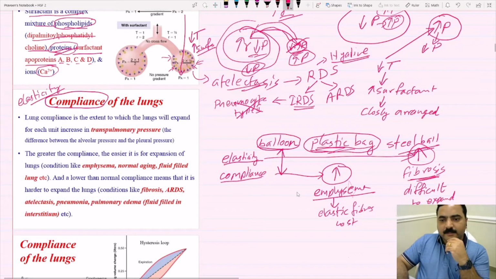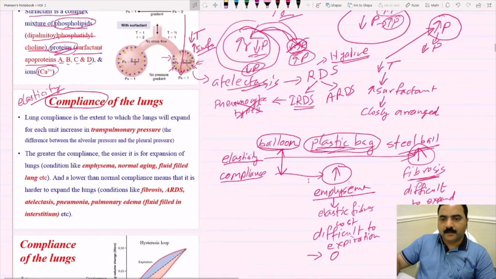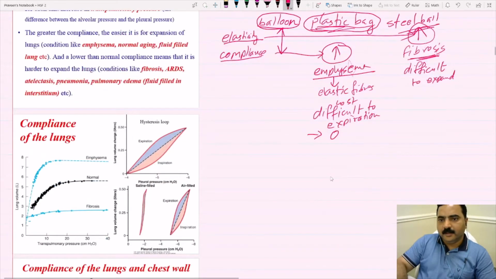In emphysema, the problem is that it's easy to expand, but elastic fibers are lost, so it is difficult to expire. This condition is referred to as the obstructive lung disorders.